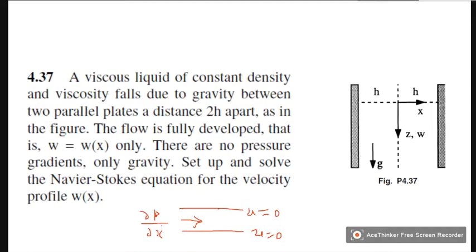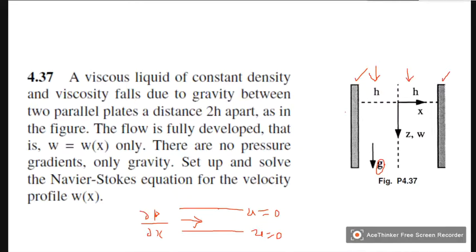Now what we have done is we have taken a similar case. Here this plate or this wall and this wall both are fixed, and there is no pressure gradient, but the flow is due to gravity. So that is the reason why the flow is taking place in this direction.